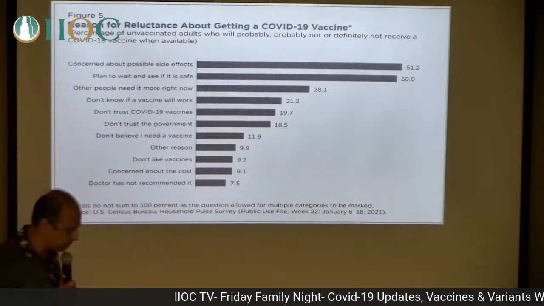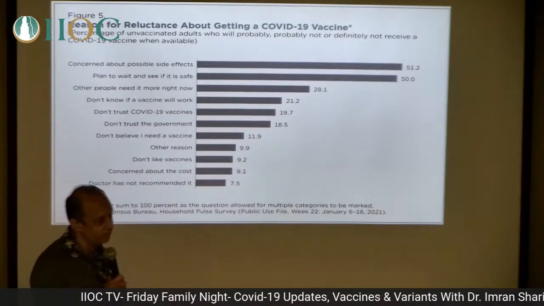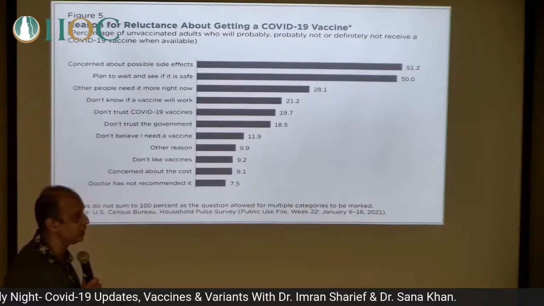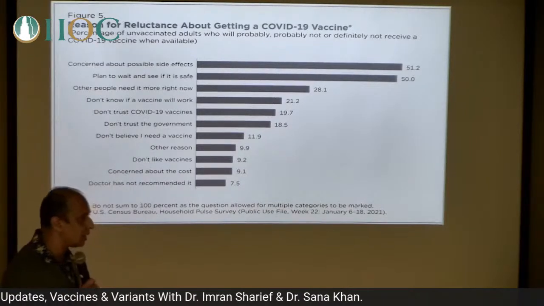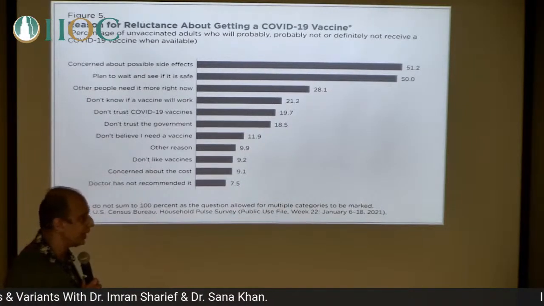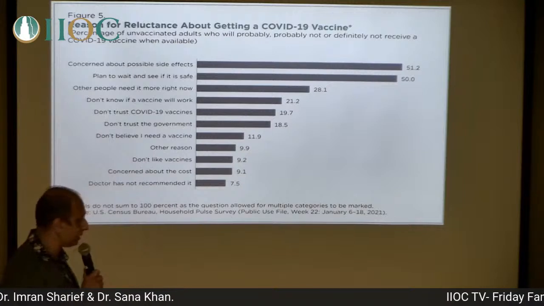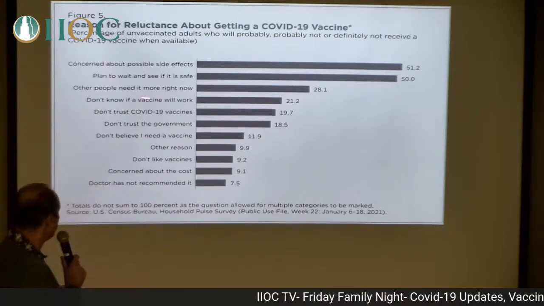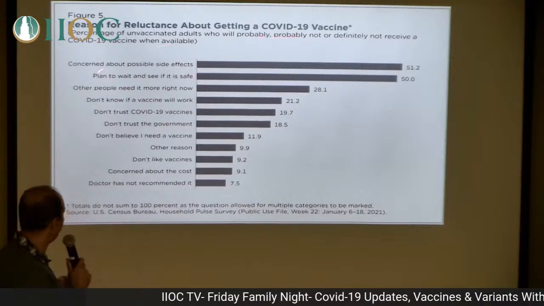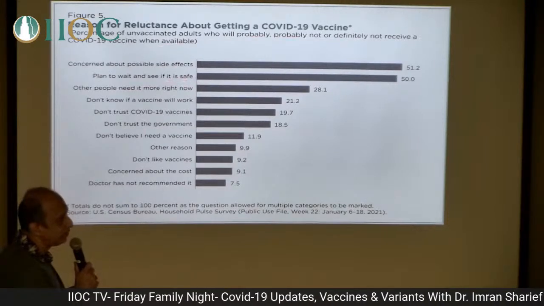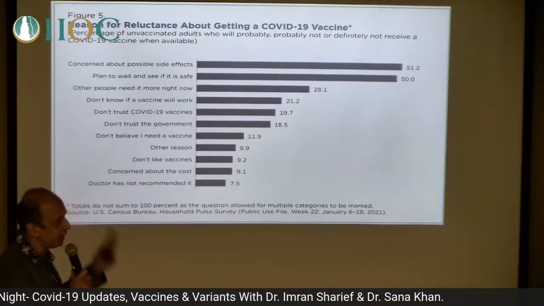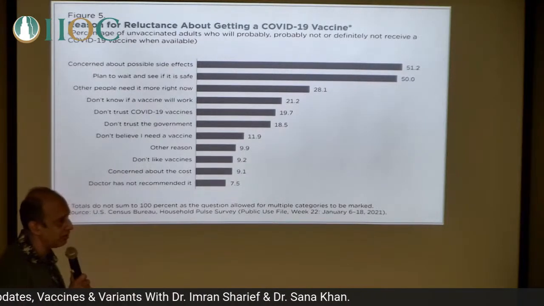Now, say we have 50 people sitting here, and 30 say, okay, we have the vaccine, and 20 say we don't have the vaccine. So I looked at the data, and some of the reasons that people don't want to get the vaccine: concerned about the possible side effects, plan to wait and see whether it's safe. They want to see if I get the shot, am I going to get sick, am I going to get a heart attack, a stroke?